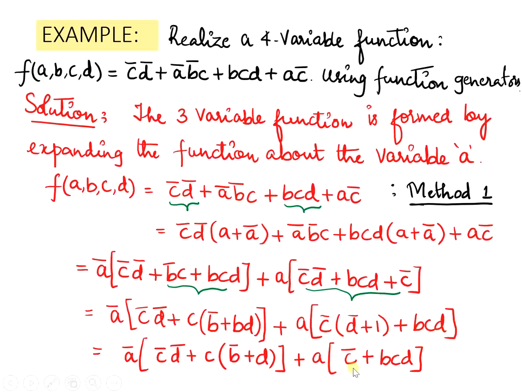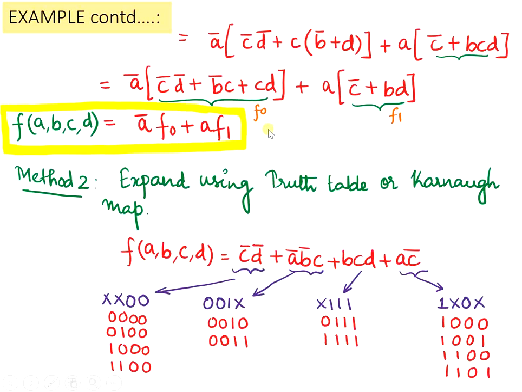So this term C bar plus BCD can be further simplified as shown here, and we get this as A bar into C bar D bar plus B bar C plus CD, which is considered as F0, plus A into C bar plus BD, which is considered as F1. This can be represented as A bar F0 plus A F1.